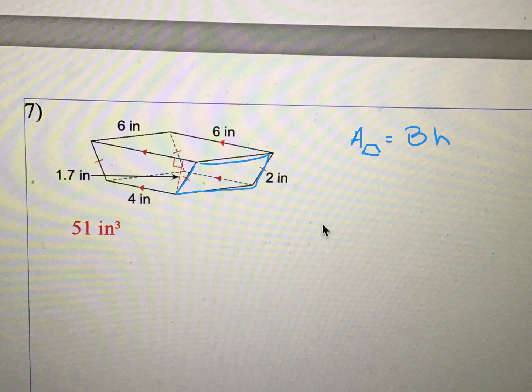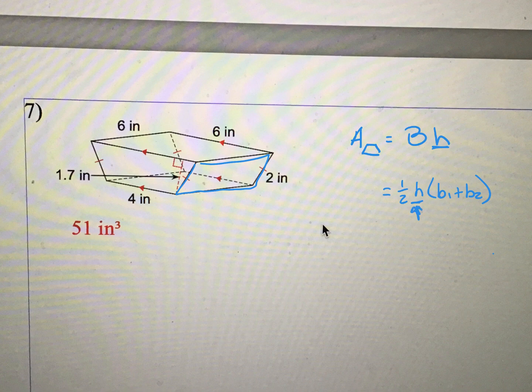And what is the area of a trapezoid? You go back to your area page, and you get 1/2 height times base 1 plus base 2, right? Times the height of the prism. This height and this height are 2 different heights. This is the height of the trapezoid, and this is the height of the box.